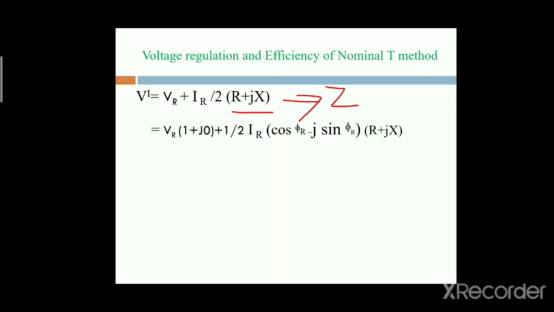This is the formula for VR, and then we substitute the values of VR and IR in this equation.